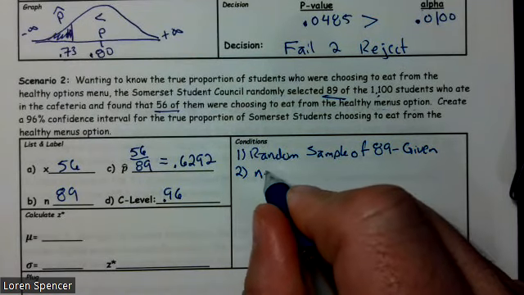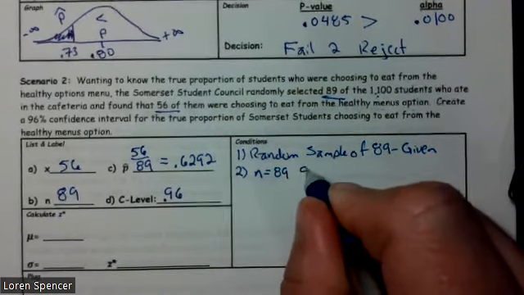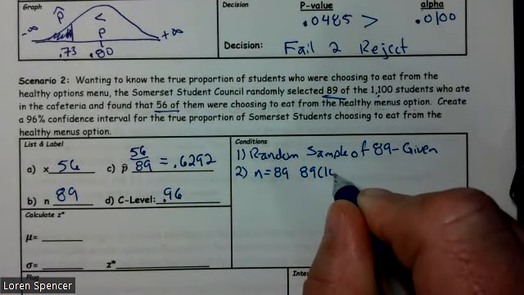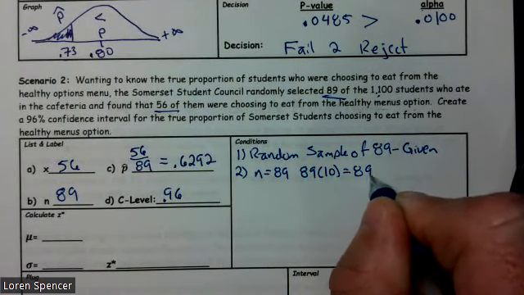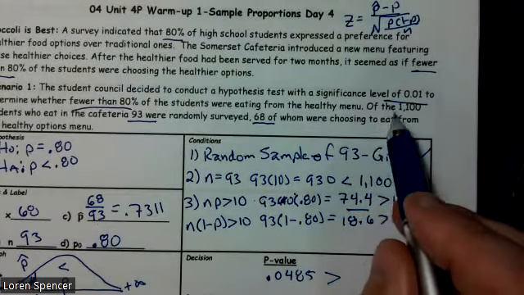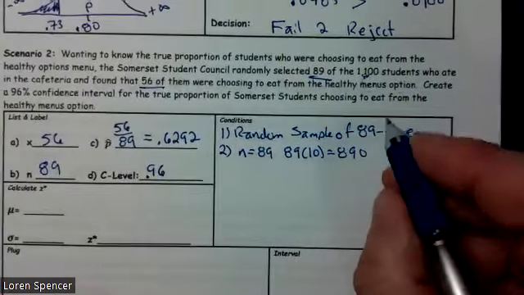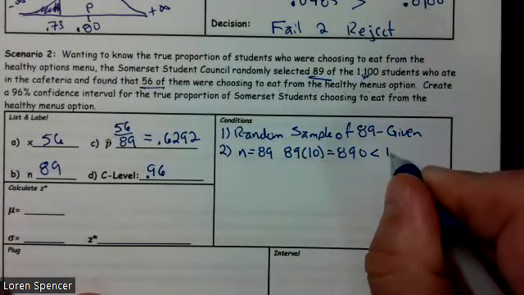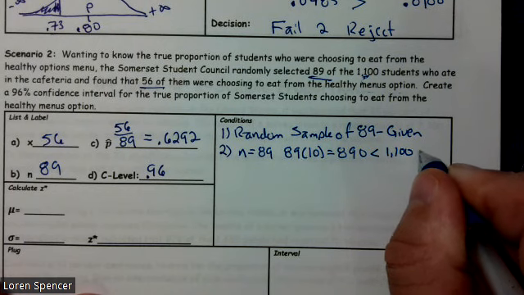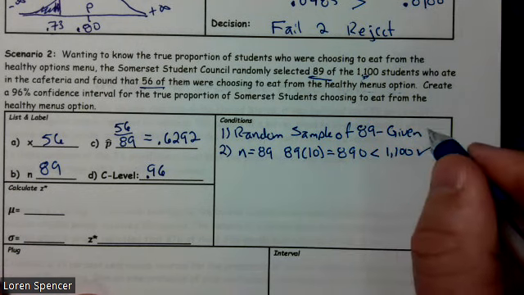Well, n equals 89. 89 times 10 equals 890. And up here, we were told that our population size was 1,100. And same thing right here, 1,100. So that's less than 1,100. So we're less than 10%, so it's okay to sample without replacement. So we're good there.